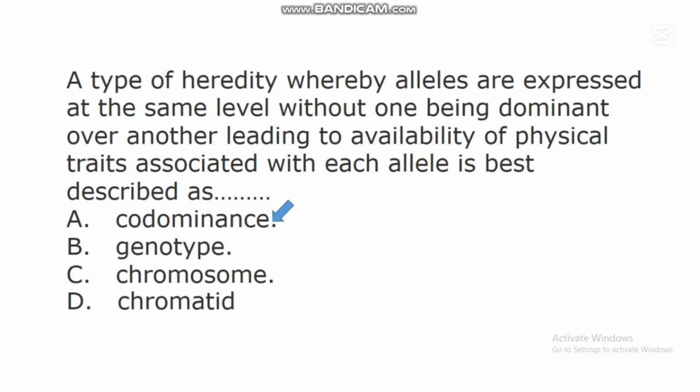So in this situation, each of the alleles will express itself equally in this organism, in such a way that all the traits controlled by each of the alleles will be observed physically in that organism.